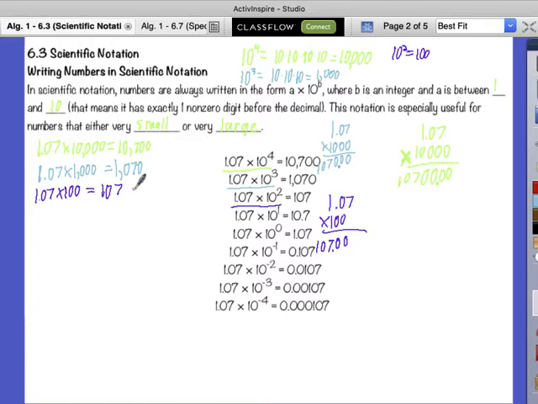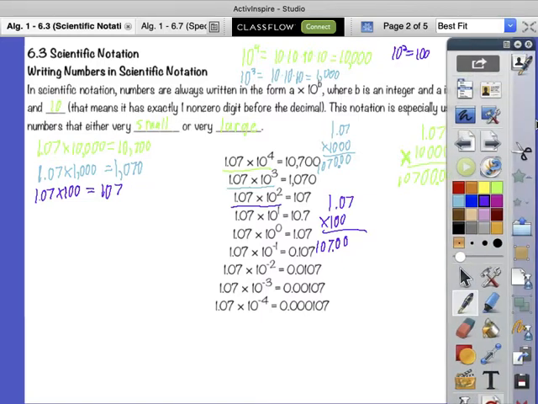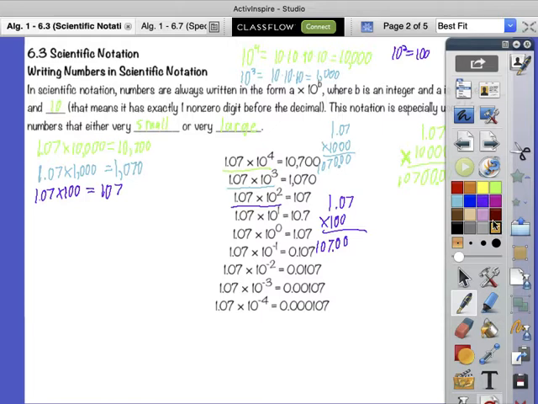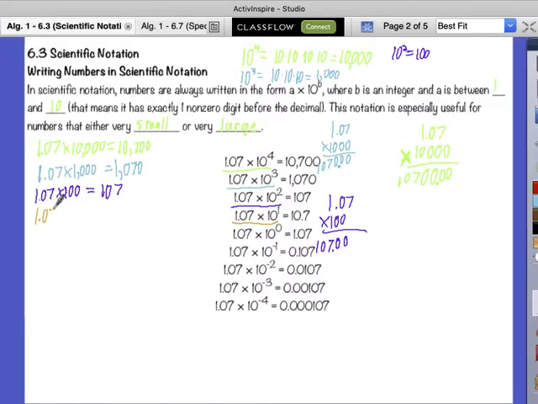Okay, so are the numbers getting as big as we started with? No, they're getting a little smaller. They're still getting big, they're just not getting as big. Let's keep going, one more. 1.07 times 10 is 10.7.